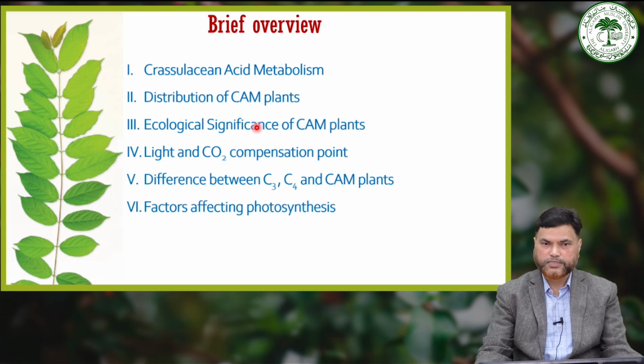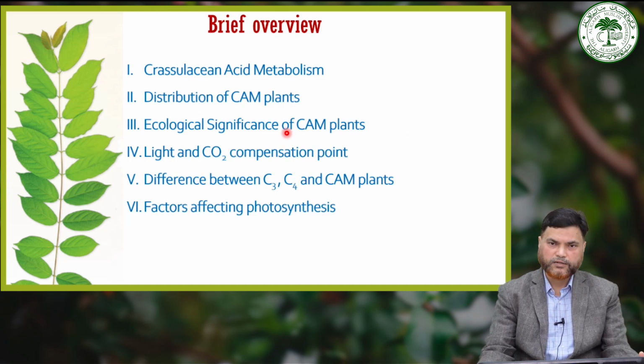That is, what is Crassulacean acid metabolism, then which plant come under the category of CAM plants, then what is the basically significance of CAM plants, then how light and carbon dioxide compensation point affect the process of photosynthesis, then finally the difference prevailing among C3, C4 and CAM plants, and then finally the factors affecting the photosynthesis we will discuss in detail, both external as well as internal.